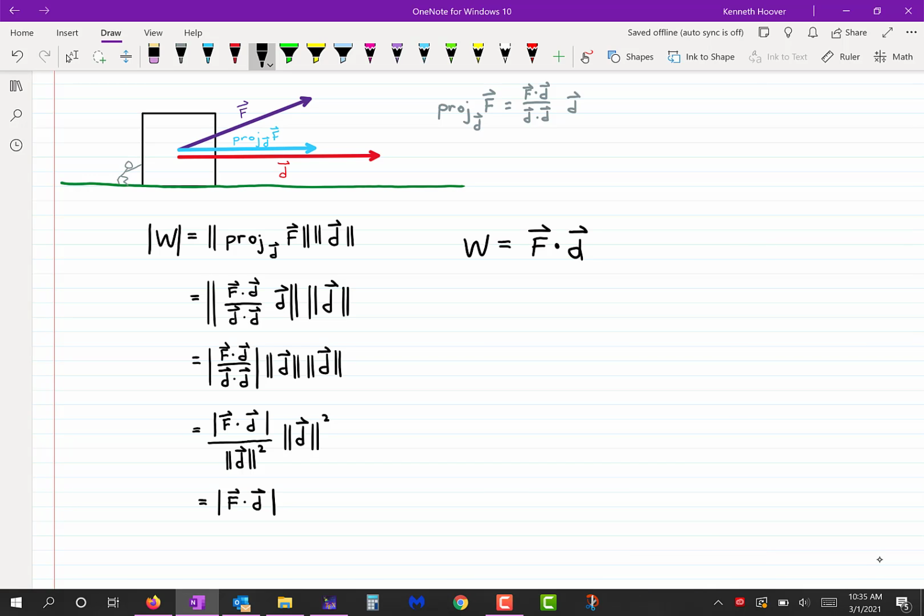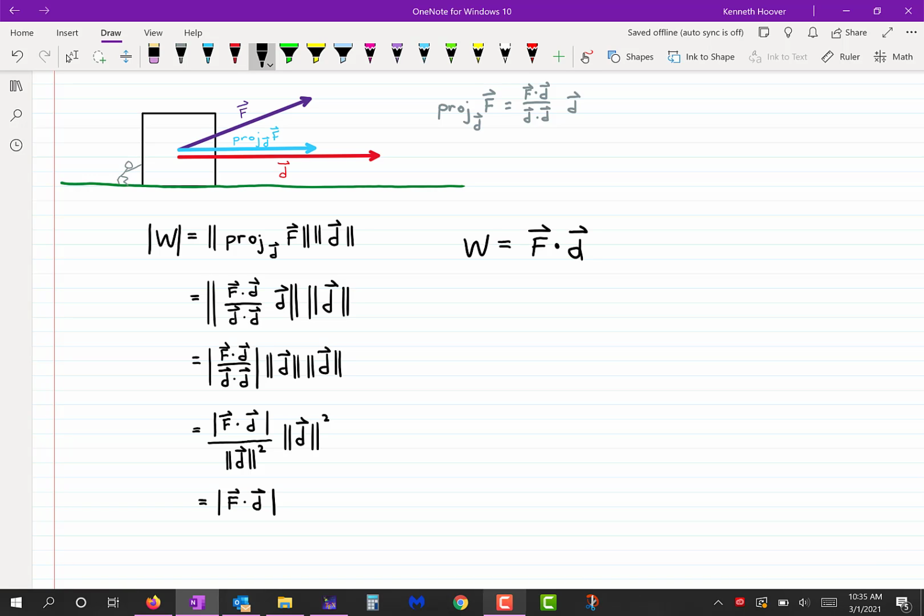And here's what's important for you to understand: you don't have to figure out if it's positive or negative. You just calculate F dot D, and it will come out positive or negative. And it'll come out the correct way. The mathematics takes care of itself. All you have to do is to calculate the dot product of the force vector and the displacement vector. And that's work.